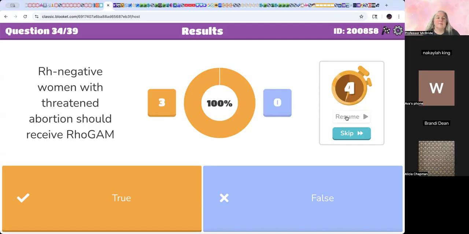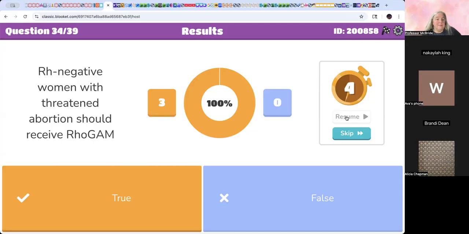So the probability is there, but you still have time to save it, and our baby still has a heartbeat. Yep. So we've got some bleeding happening. Sometimes they can be a little crampy, but the cervix is closed, like Nikayla says, and we still have a heartbeat for our baby. That's a threatened abortion.